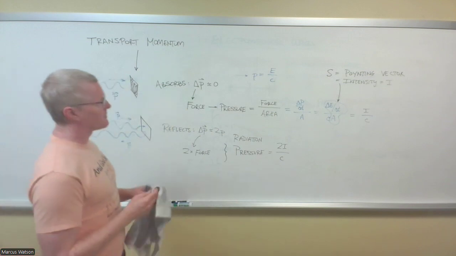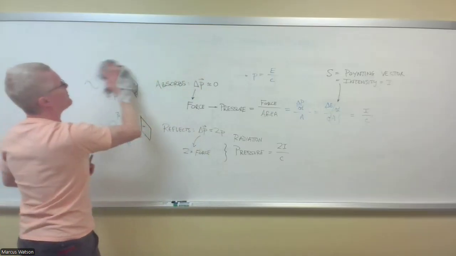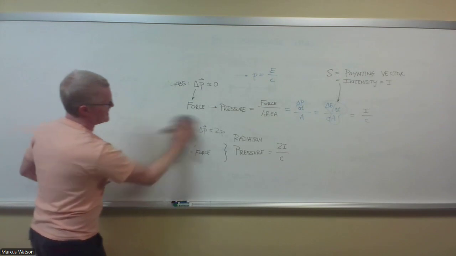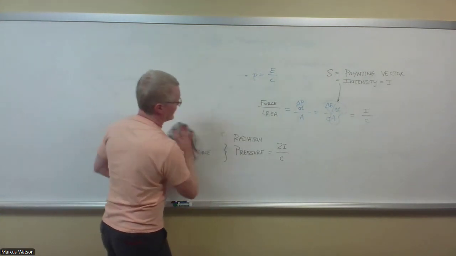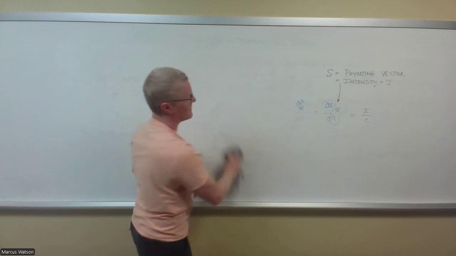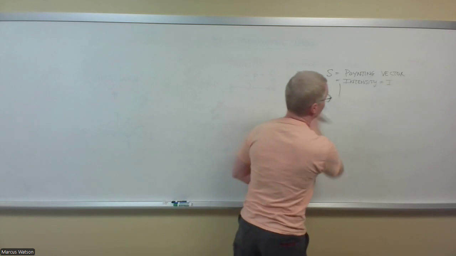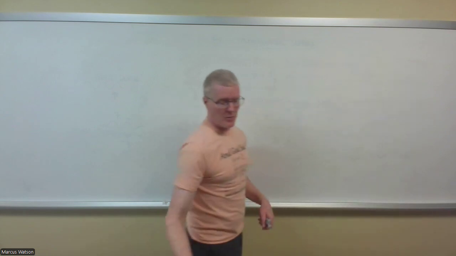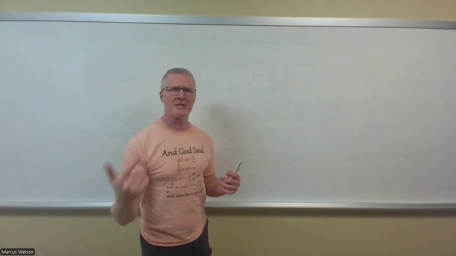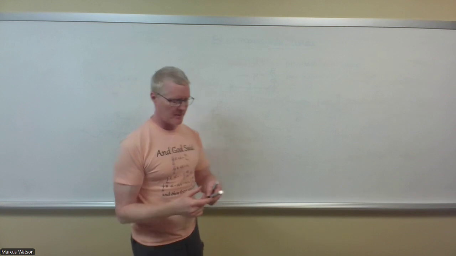Now, I want to go back to the idea that the electric field can be oriented in different directions. Okay, so if the electric field can be oriented in different directions, that means that we have different ways of transmitting it and receiving it.